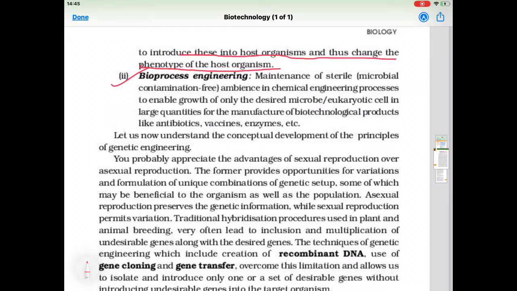Next is maintenance of sterile conditions.